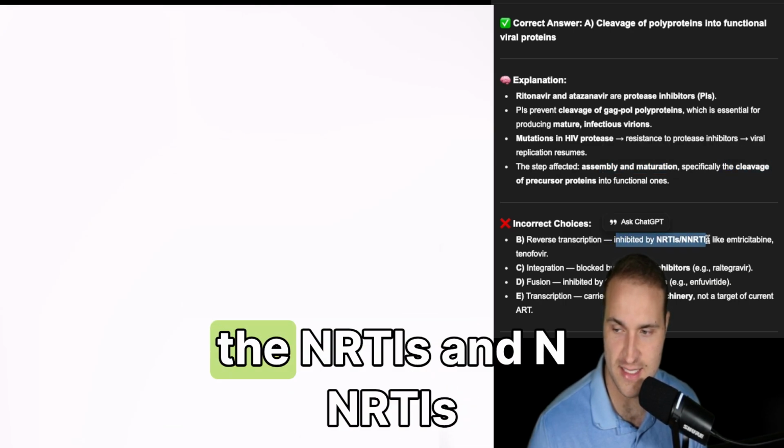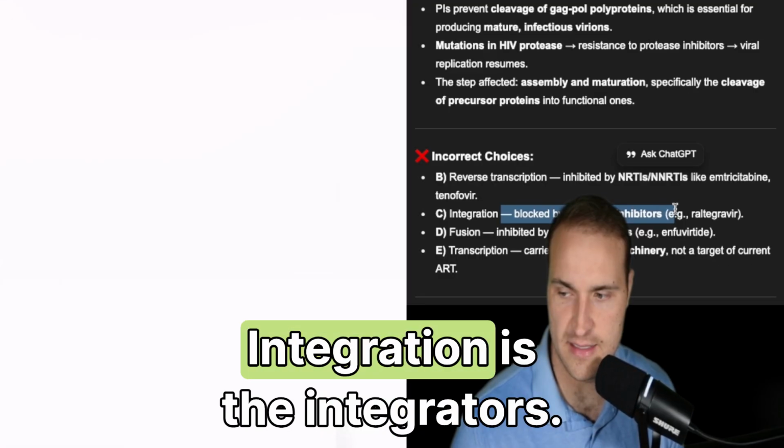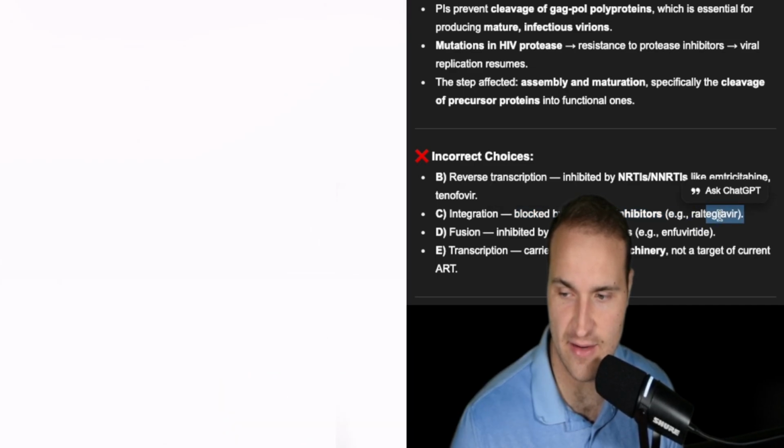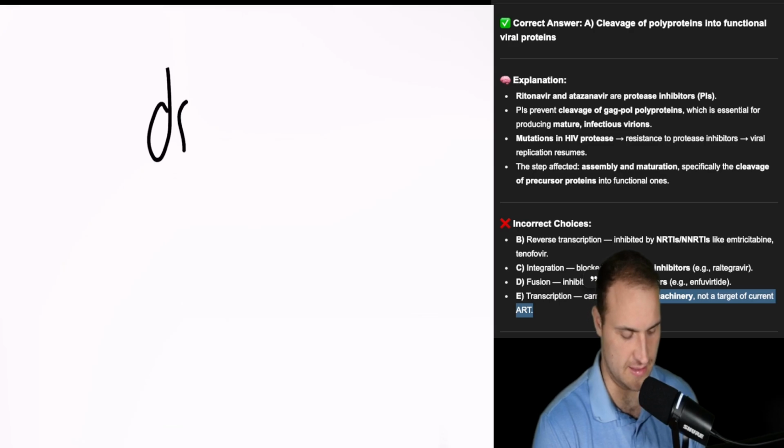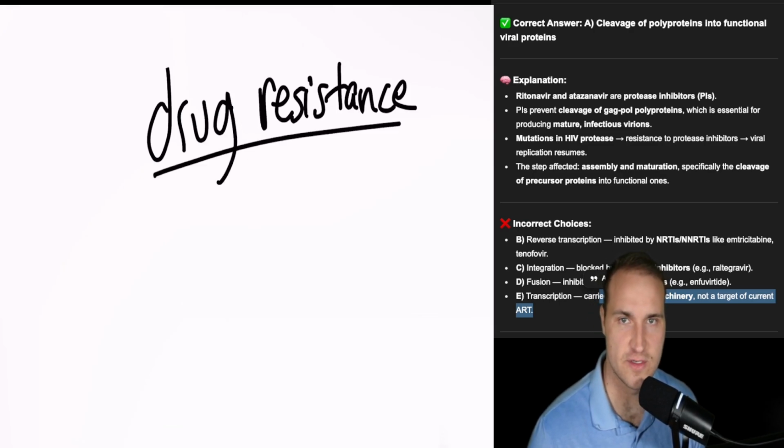Reverse transcription is the NRTIs and NNRTIs. Integration is the integrase inhibitors, the tegravirs. Fusion is the fuvirtide, so enfuvirtide. And transcription is carried out by the host machinery. So you'll see somebody who's HIV positive. They have a CD4 count that is dropping, increased viral load. And so what we have here is drug resistance. This is due to mutations of the reverse transcriptase enzyme.